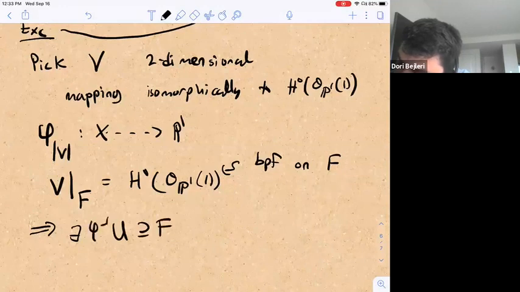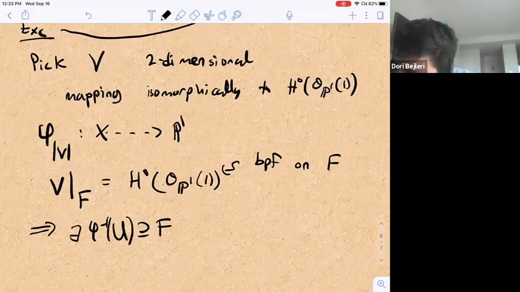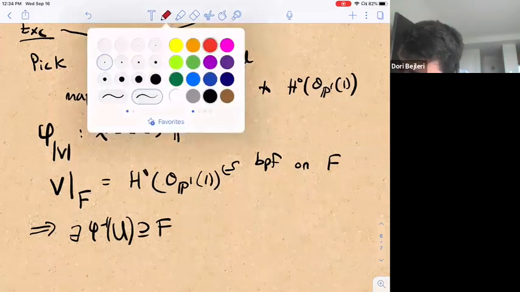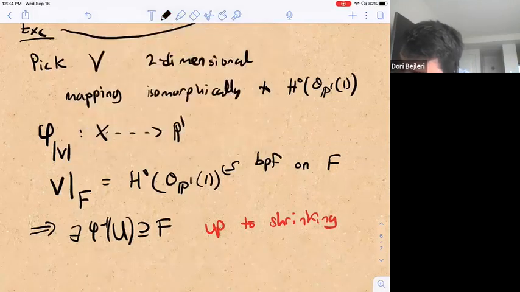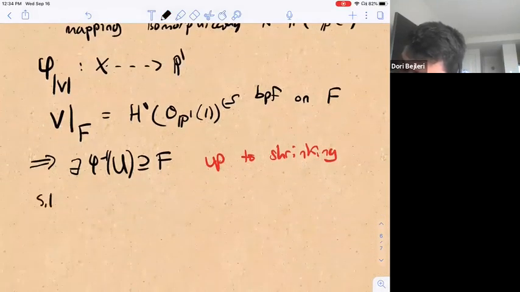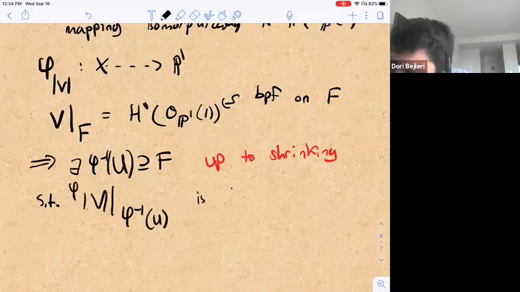And I'll call it phi inverse U because once we find some neighborhood of F itself, then we can shrink it and check that it's actually the preimage of a neighborhood on our curve. So, up to shrinking, such that this linear series phi sub V restricted to phi inverse of U is a morphism.